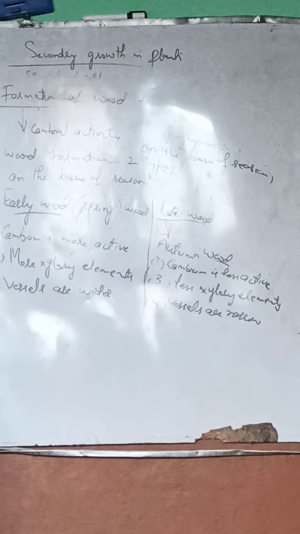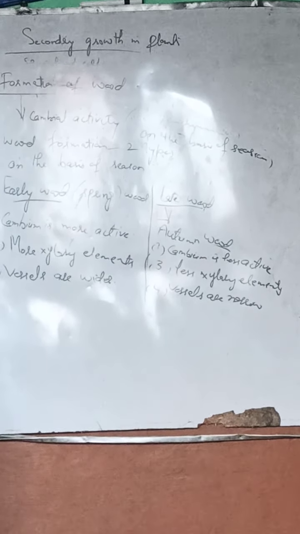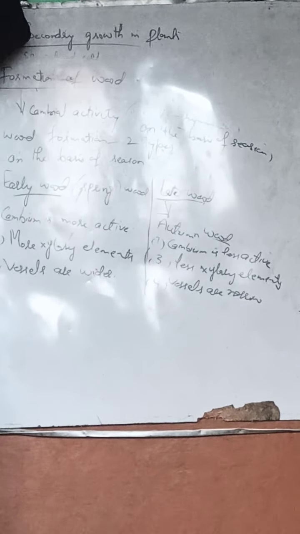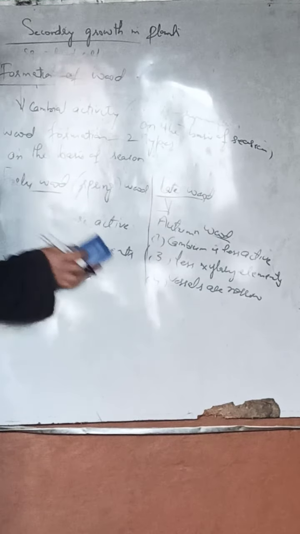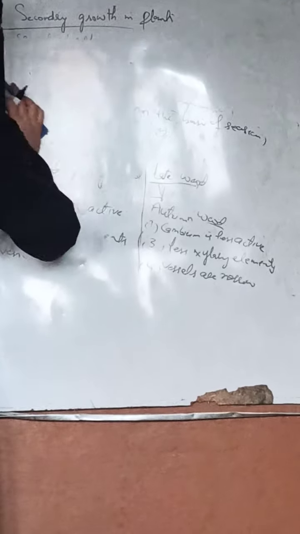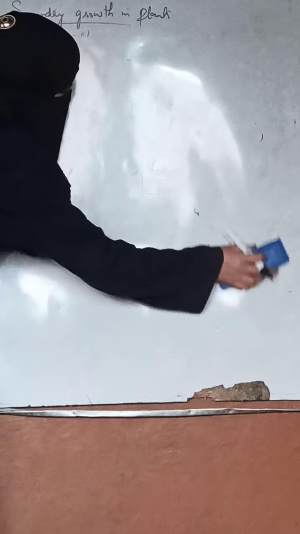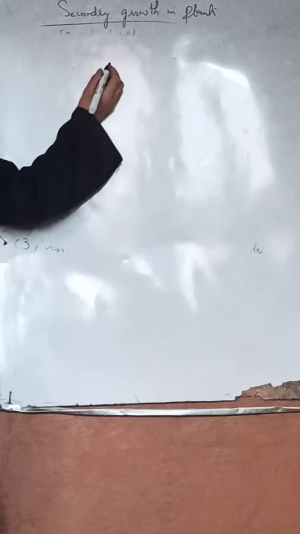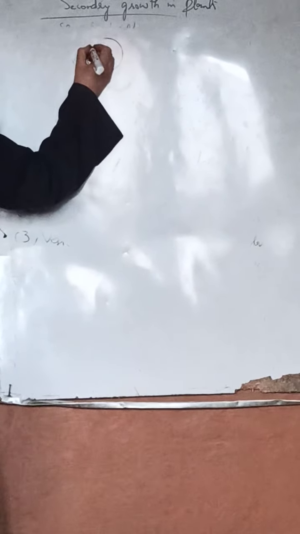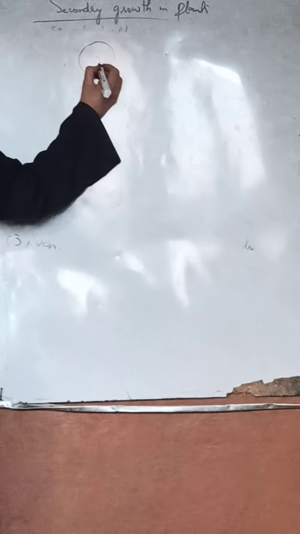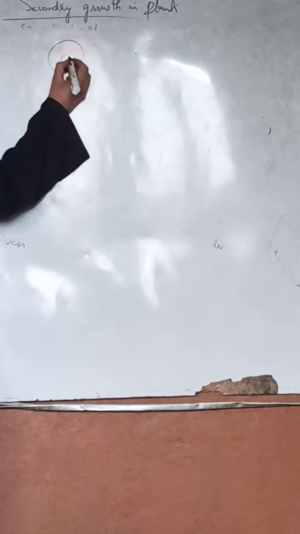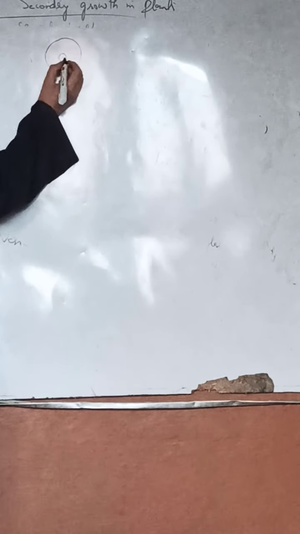Now there are dark appearances as per season. On the surface of wood, there are dark appearances. I will show the diagram here. For example, like this. One ring is dark, one ring is lighter.